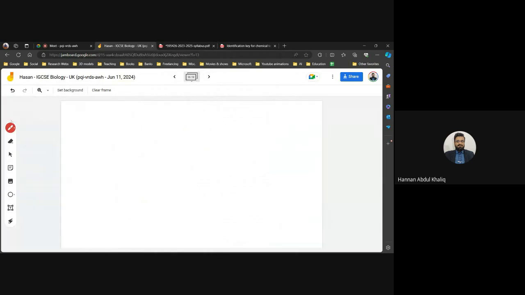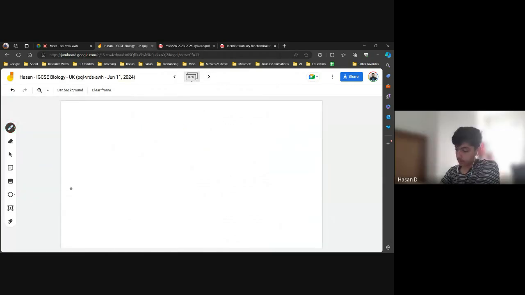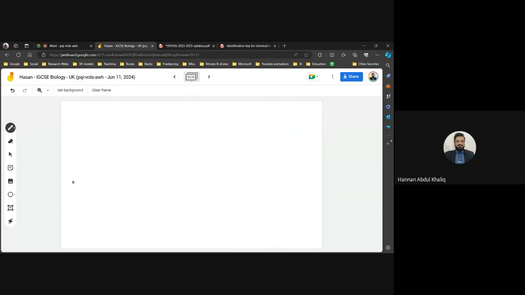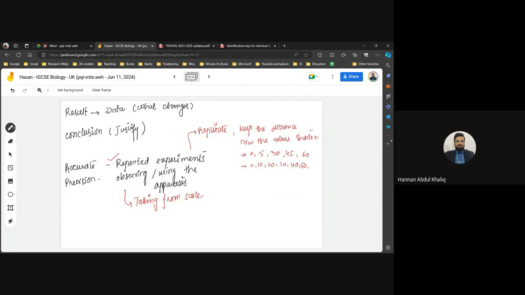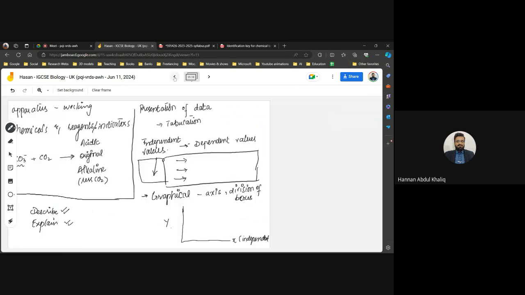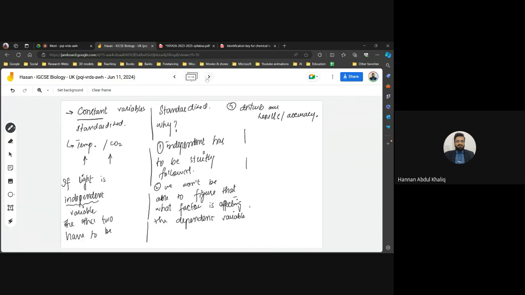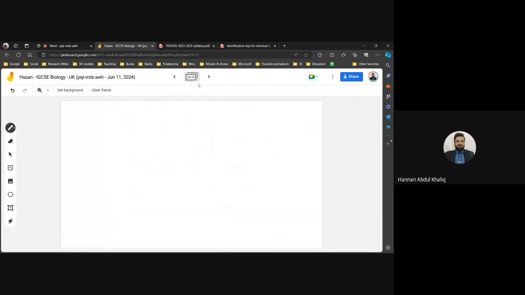Understood? Okay. And in the end, you are supposed to be in P6. Now, this is about a whole experiment that is almost 22 marks. Most of the time, 20 to 22 marks are basically divided into one experiment.